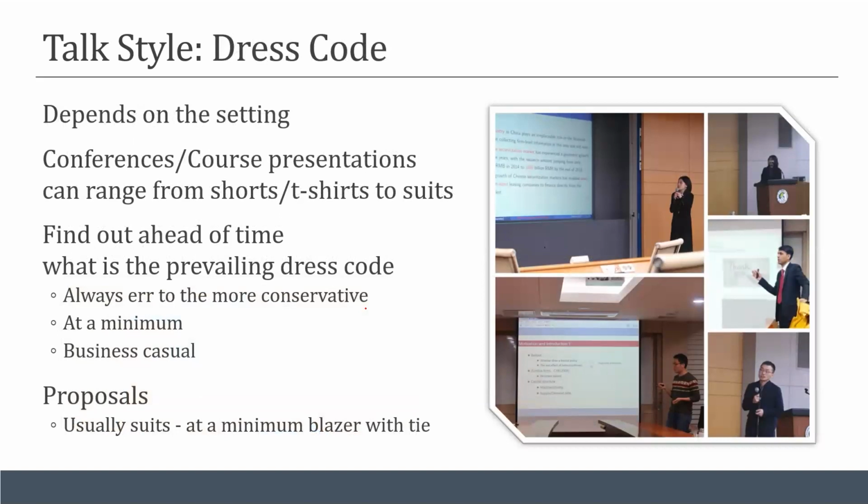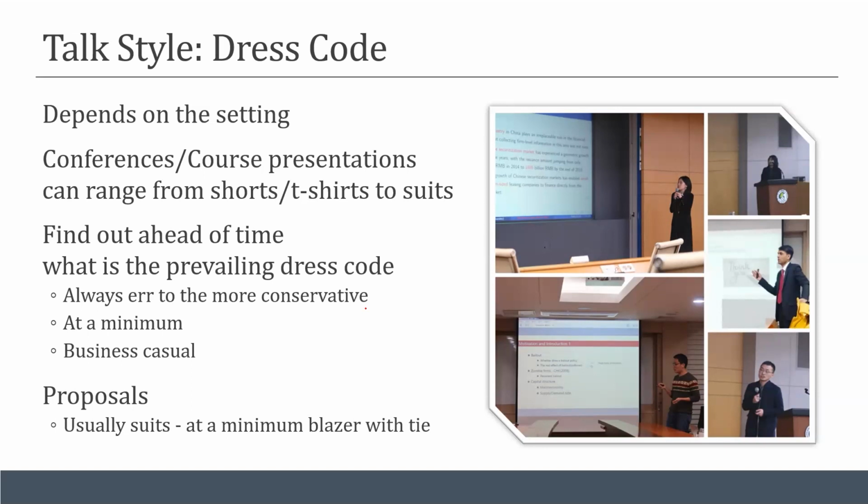Well, dress code is also one of the talk style elements. It totally depends on the setting. For a conference talk, it can range from shorts or t-shirts to suits. A course presentation is also similar, but usually you should find out ahead of time what the prevailing dress code is.